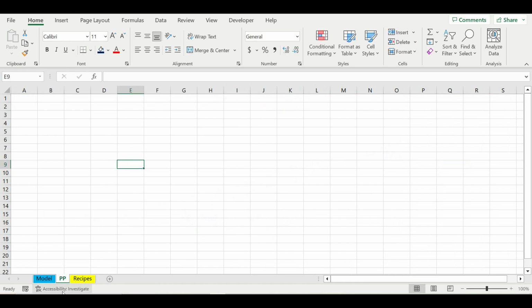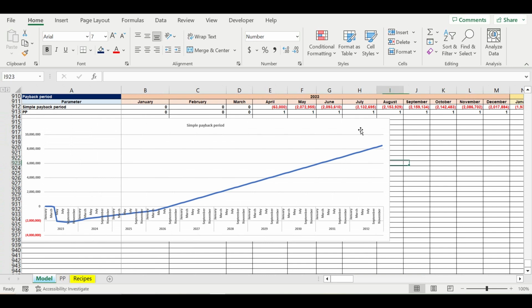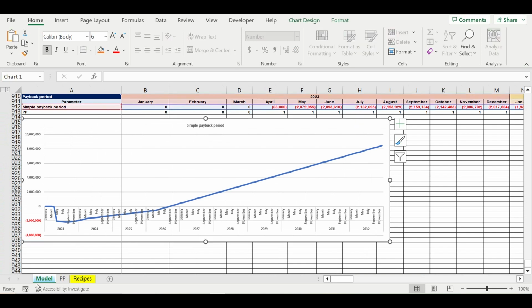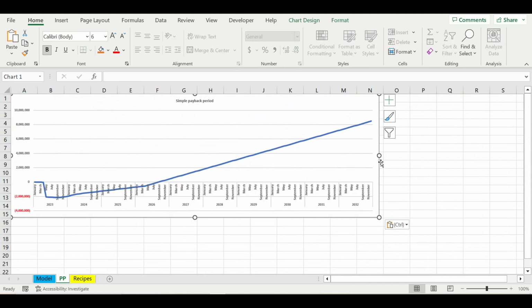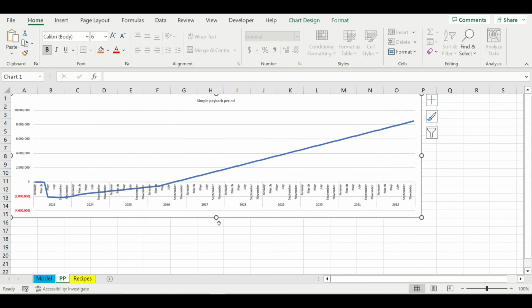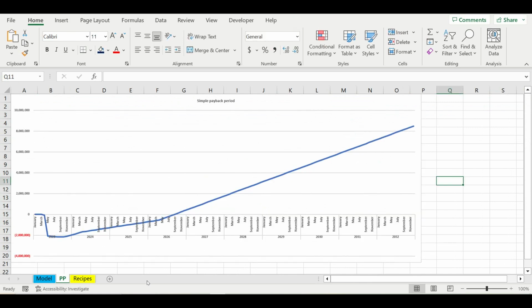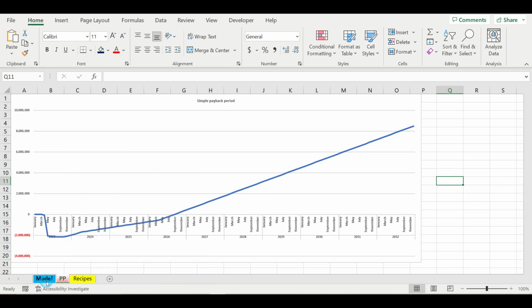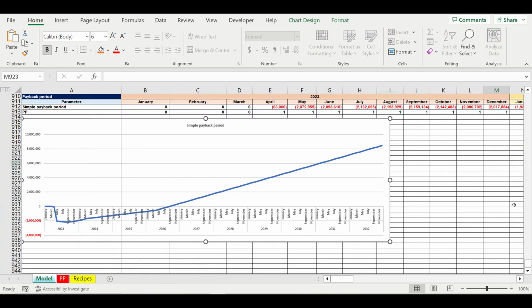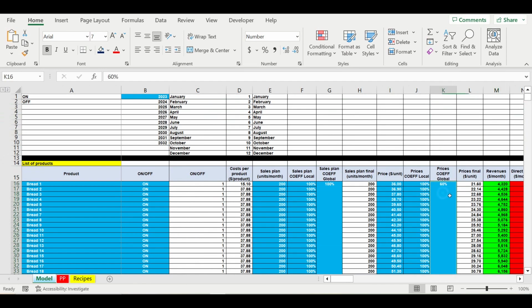We can copy this diagram, put this diagram here, and now we can start playing with some inputs.